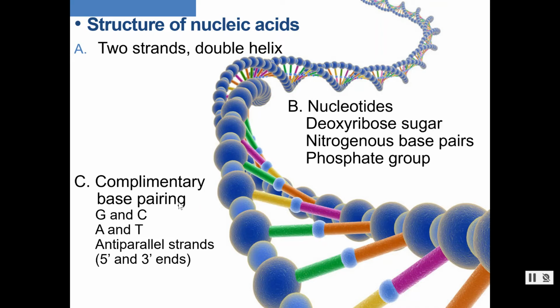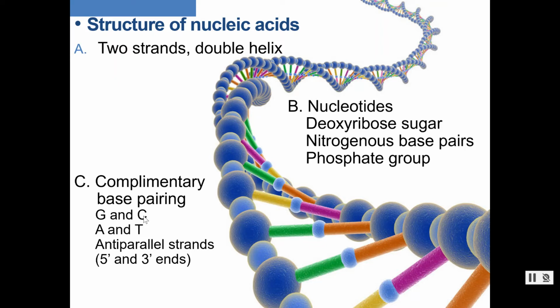What we have found out is that guanine always pairs with cytosine. If that's represented by green and orange, guanine and cytosine always pair together. And adenine and thymine always pair together. We'll see in a future slide why. So that's something we need to know about the structure of DNA, that you always get these pairings.